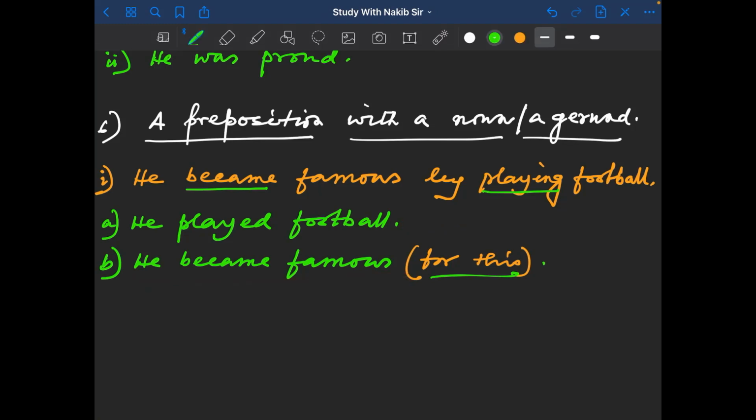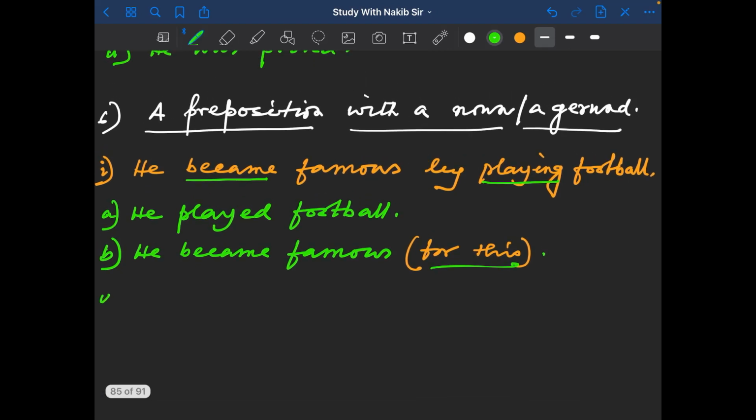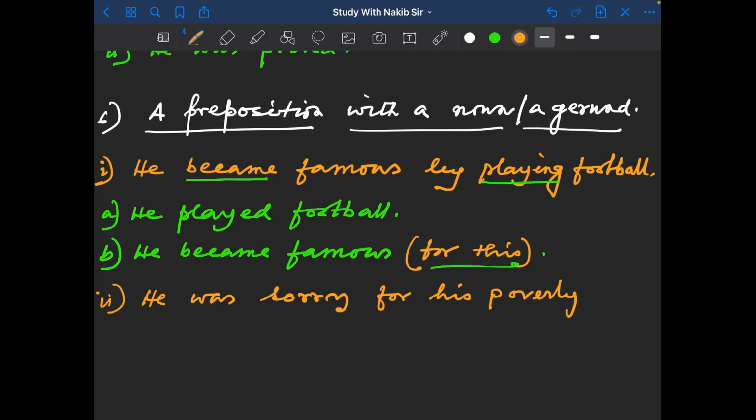Okay, take another example. Example number 2. He was sorry for his poverty. You know this part, for is the preposition and poverty is the noun.